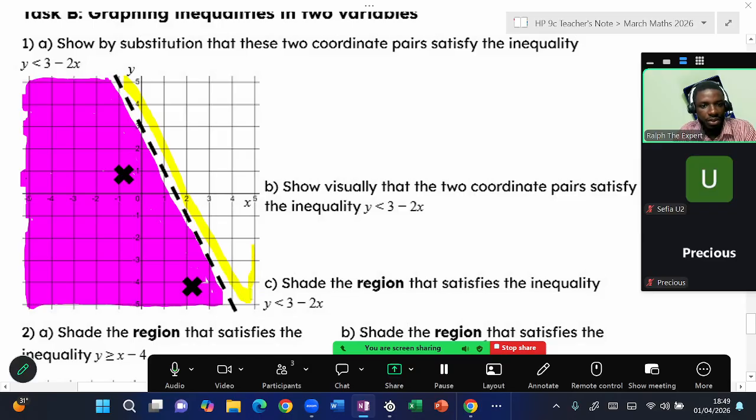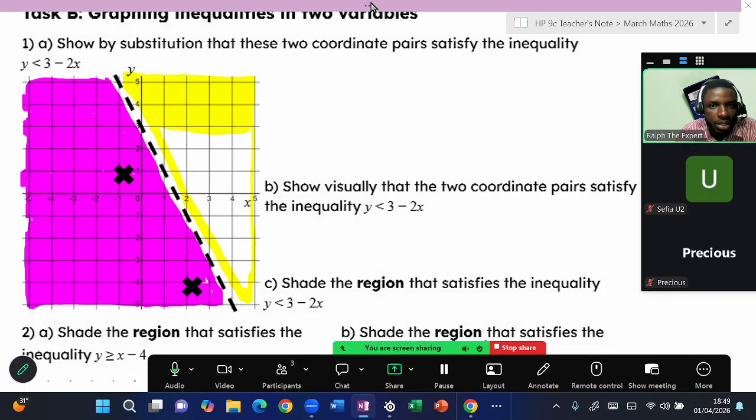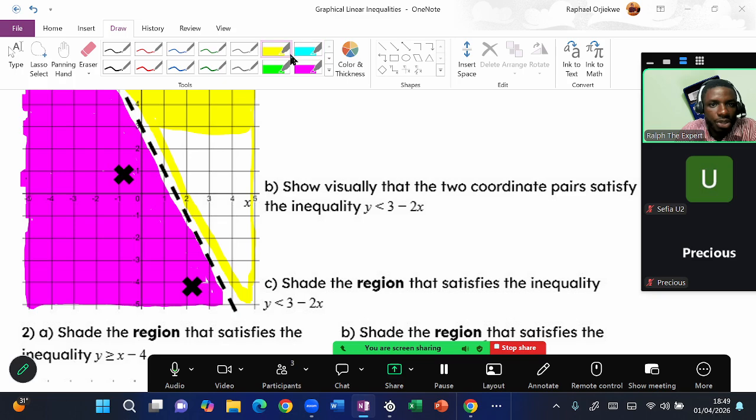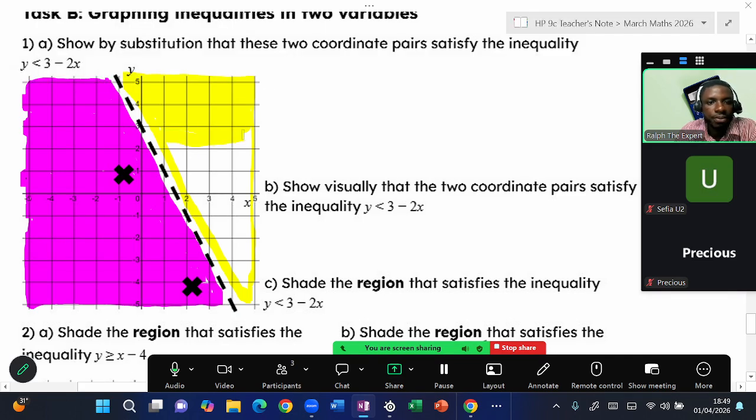See me doing this. I'm shading all of this part. Let me just check the size of this pen. I want it to be a bit big. It seems that's probably the size.